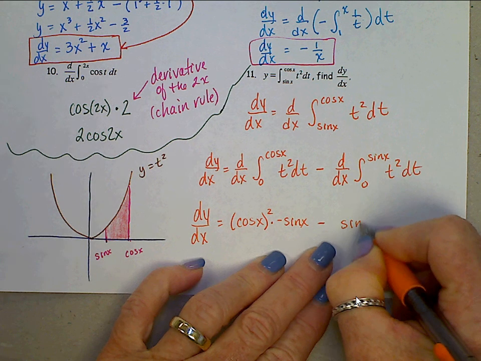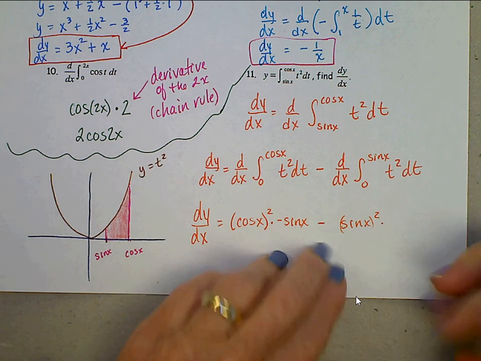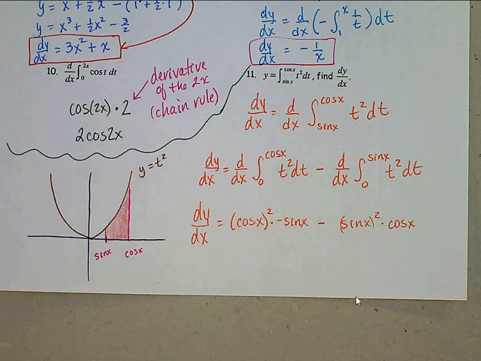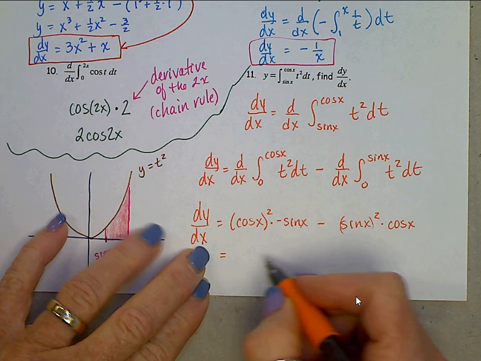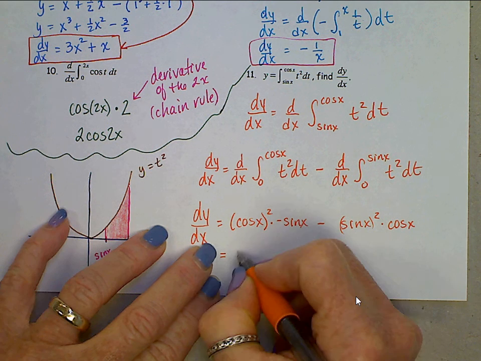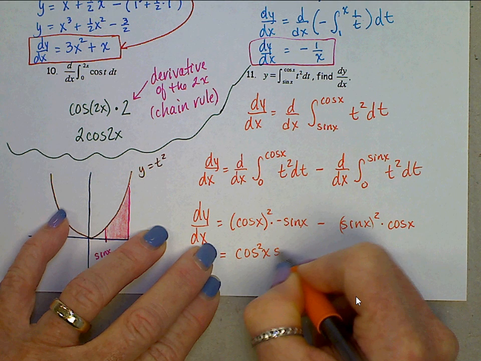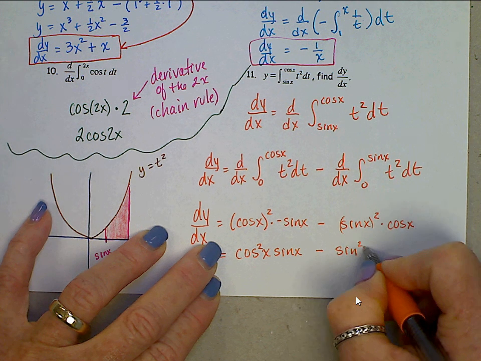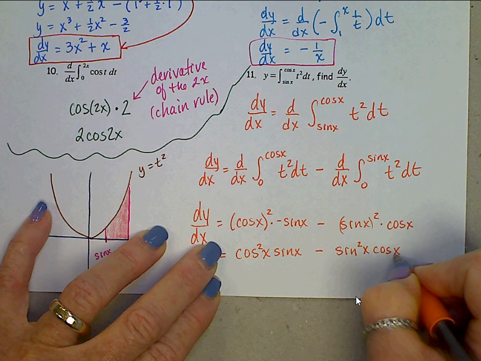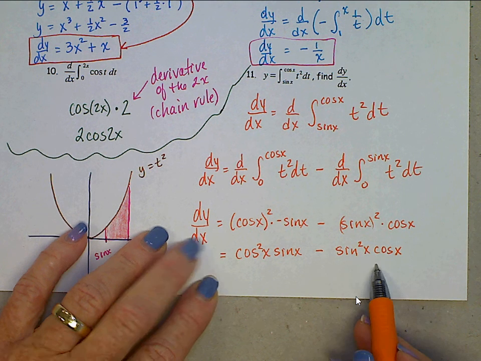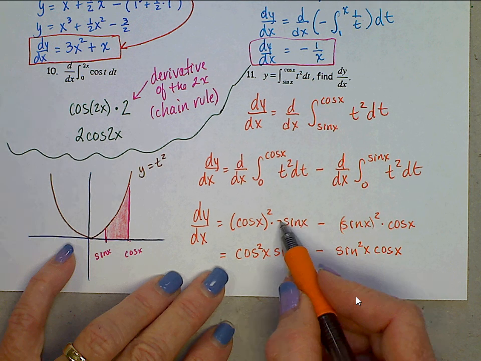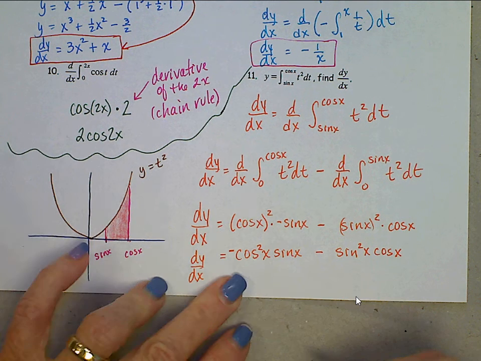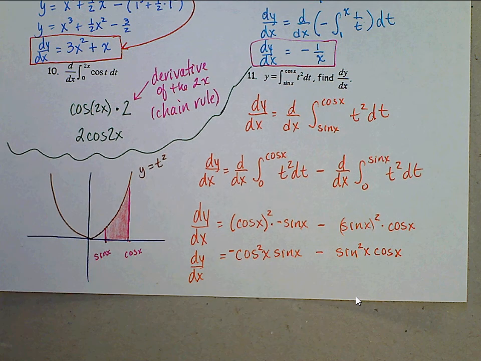So we'll have sine x quantity squared times the derivative of the sine, which is cosine. In cleaning this up, this will give us negative cosine squared x times sine x minus sine squared x times cosine x. You could factor out a negative sine x cosine x, but it's not going to help you. I would stop right here.